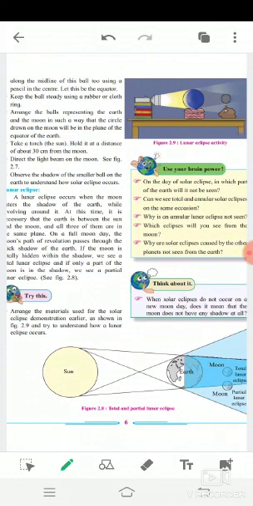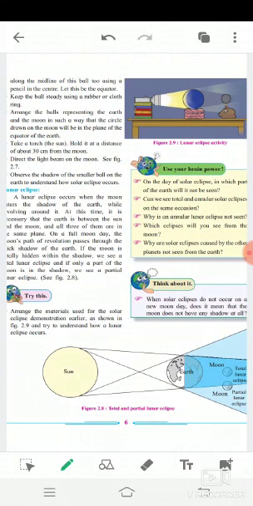If the earth is between the sun and the moon, the shadow of the earth falls on the moon. At such a time, these three celestial bodies are in the same plane and fall in one line. A lunar eclipse occurs when the moon enters the shadow of the earth while revolving around it.